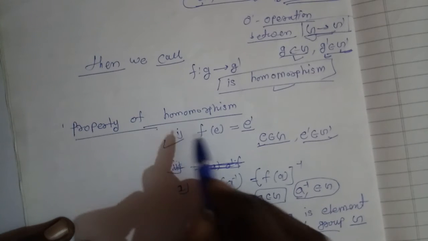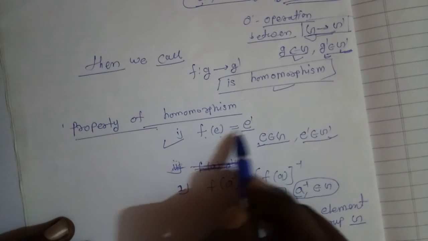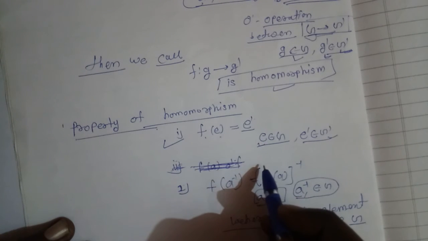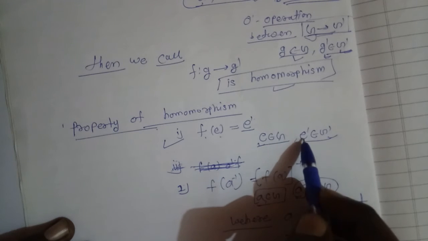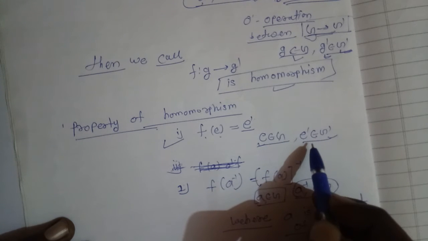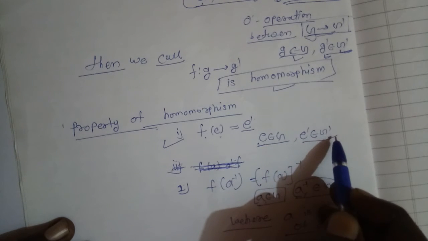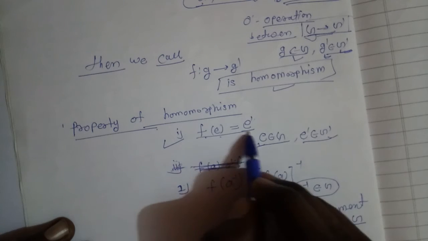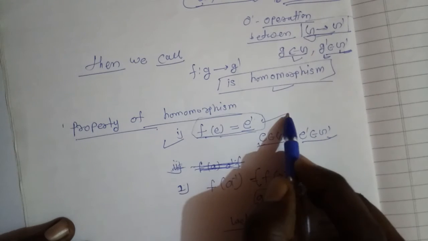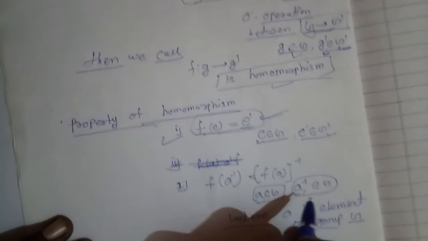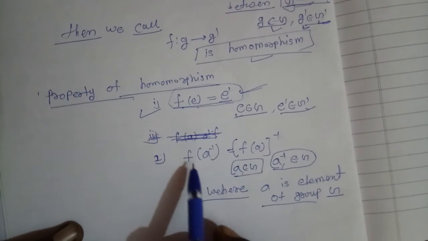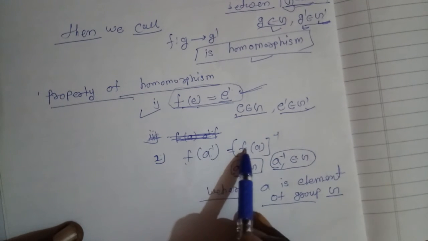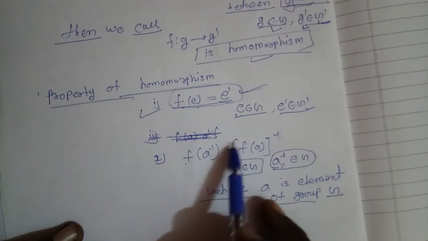The first property is f(e) is equal to e'. What are e and e'? e is in group G and e' is an element of group G'. This is the first property. And the second one is f(a inverse) is equal to f(a) whole inverse.